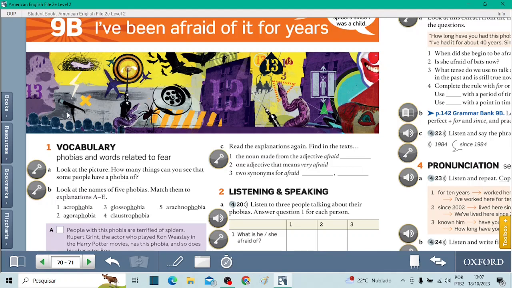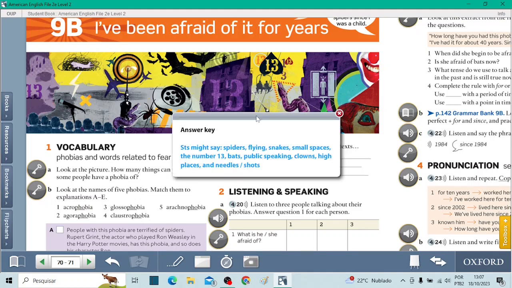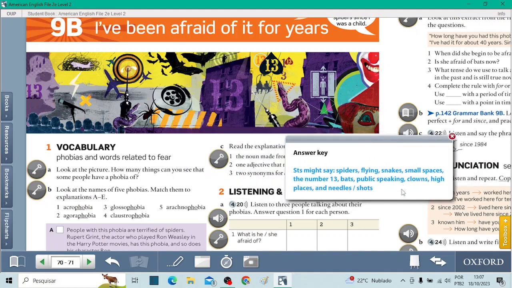Afraid of speaking in public, bats, heights, snakes, elevators, clowns. Can you see any other kinds of fears people usually have? Great, there are lots of them. And here are the examples that we have, okay?